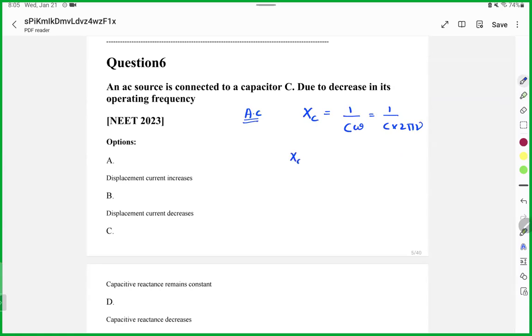So can you say X_C is inversely proportional to nu? If your frequency decreases, then your resistance will increase. If resistance increases, current will decrease. Make sense? Yes, sir.